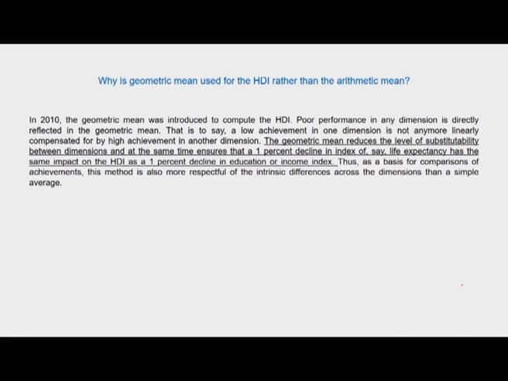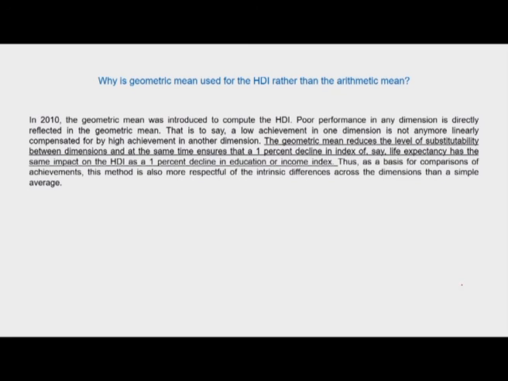So, geometric mean basically reduces the level of substitutability between dimensions, and at the same time ensures that a 1% decline in index of, say, life expectancy has the same impact on the HDI as a 1% decline in education or income index.